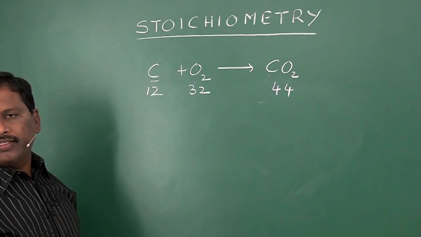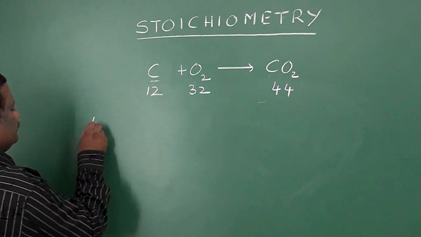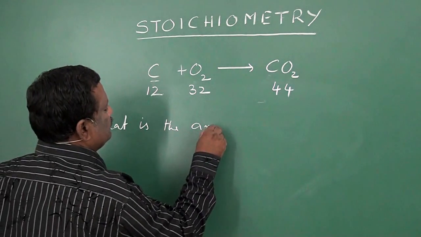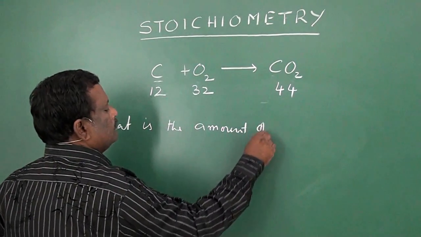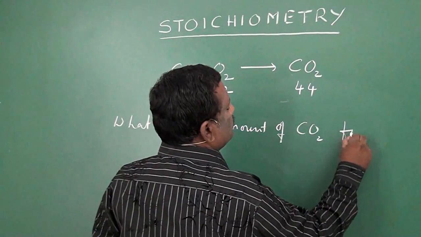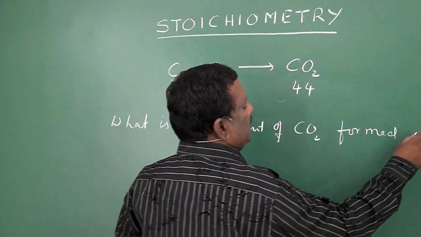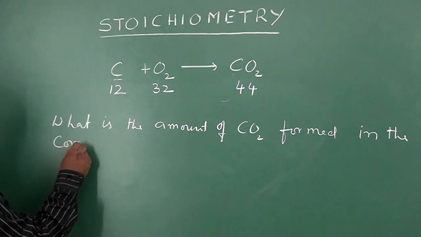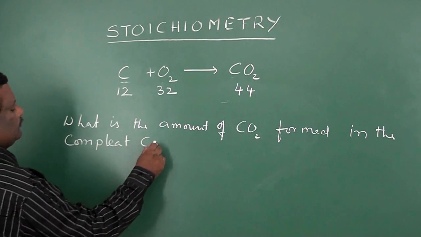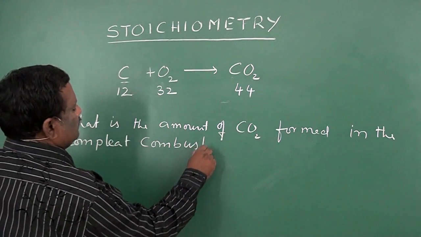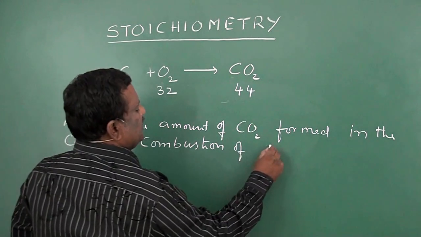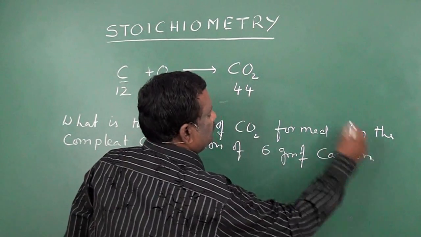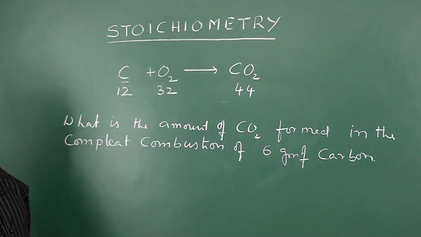Now you may have problems like this: what is the amount of CO2 formed in the complete combustion of 6 grams of carbon?